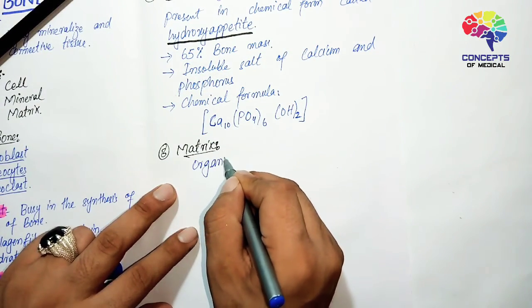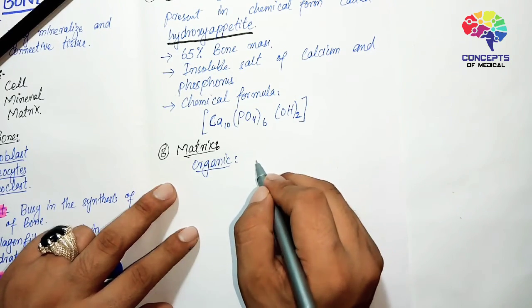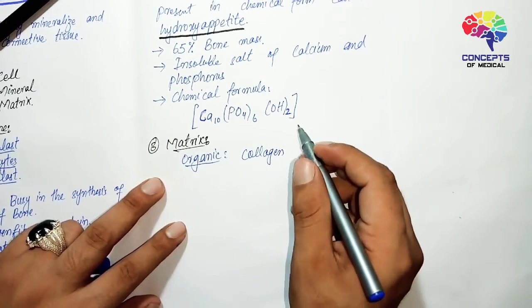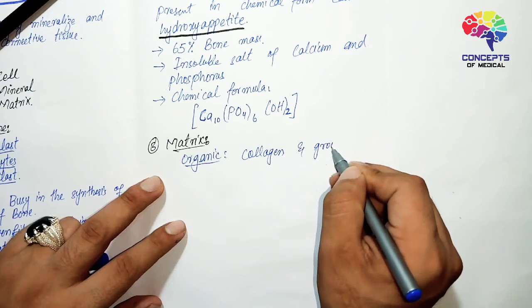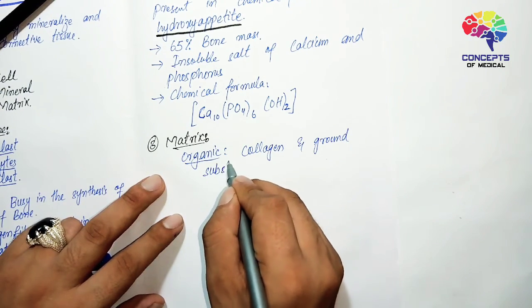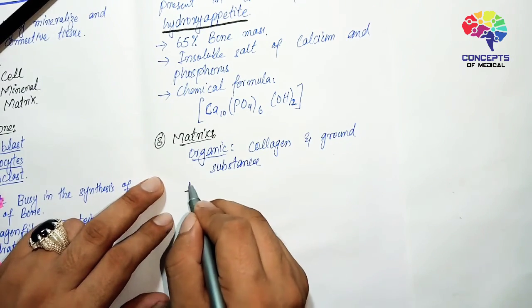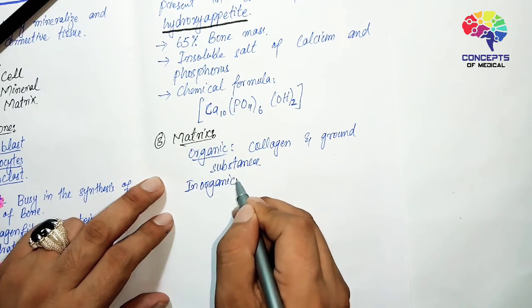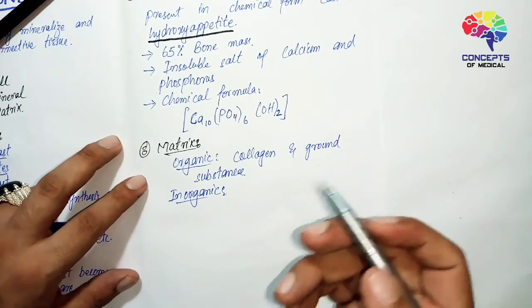The organic part of the matrix is collagen and ground substances, right? So collagen and ground substances, and the inorganic part is the mineral called hydroxyapatite.